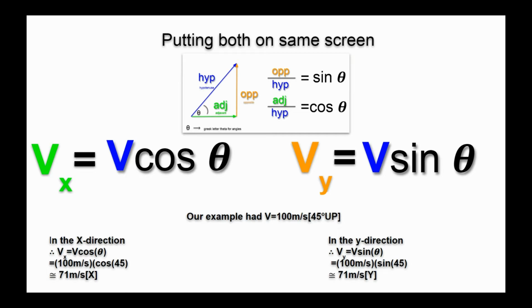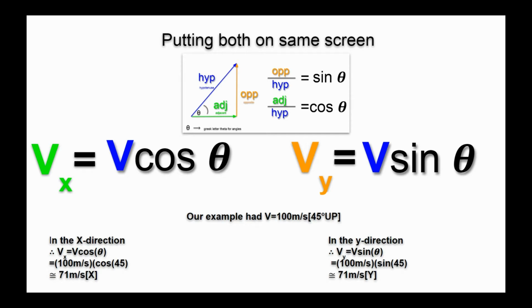So I'm going to put them both on the same screen. We have our ratios at the top. We've already done them. We now have an X component and a Y component. So you break your page into two sides, a vertical and a horizontal side, and keep them separate from each other.